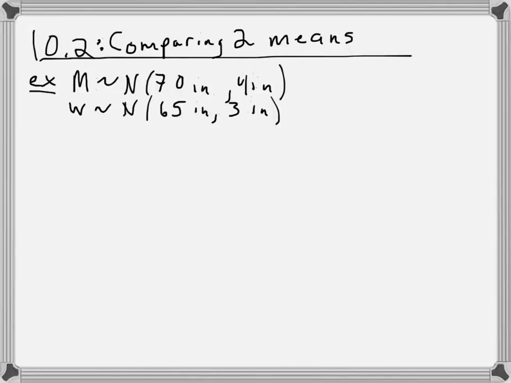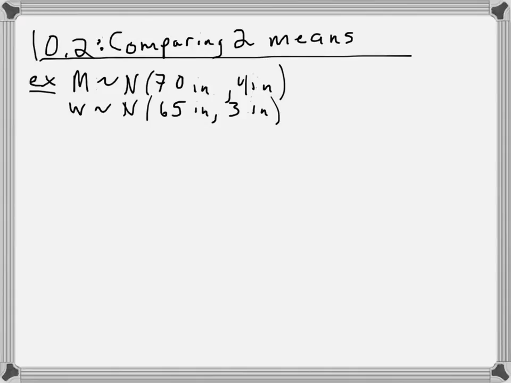Welcome students. This is going to be chapter 10.2 and we're going to get into comparing two means, and you're going to find that the structure of this chapter is very much like the structure of the last chapter. That is, we're going to start with the sampling distribution of the difference between two means instead of two proportions, and then we're going to get into confidence intervals, and lastly into hypothesis testing.